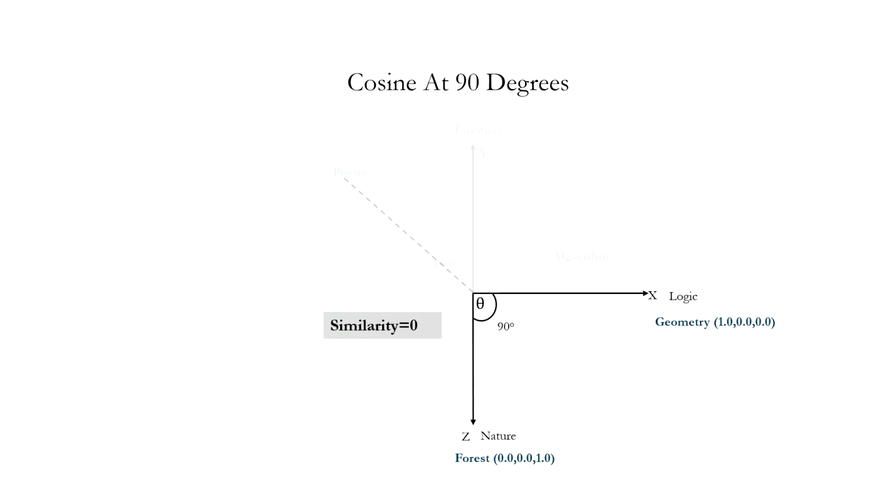Now we've got a cosine at 90 degrees with two words, geometry and forest, and the similarity is absolutely zero, right? Because for geometry and forest, there's no real shared meaning.